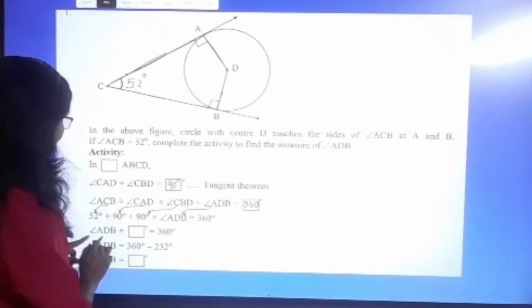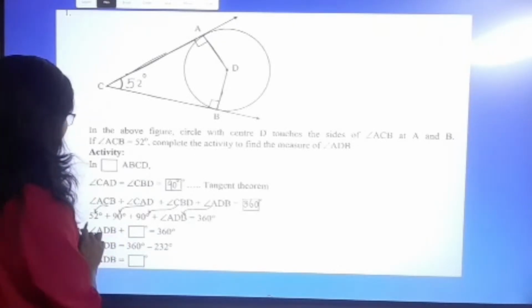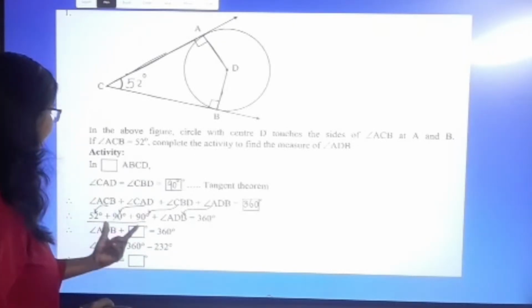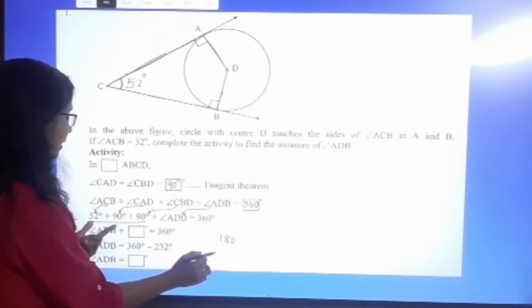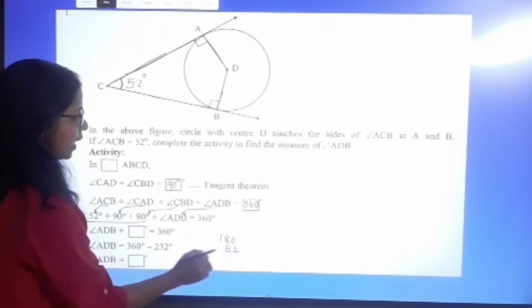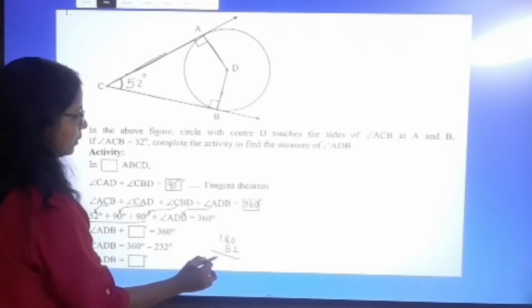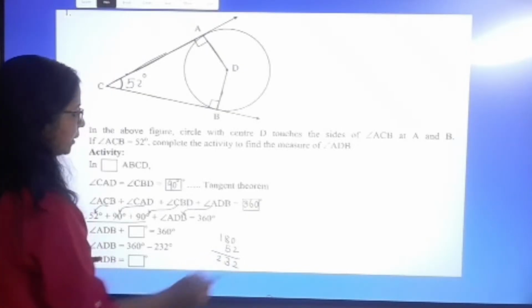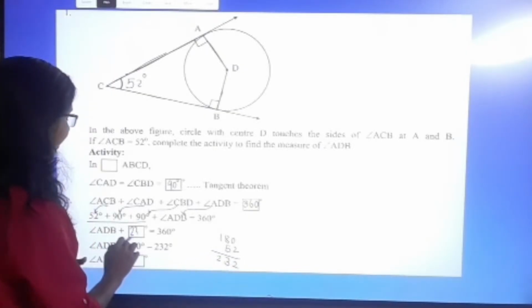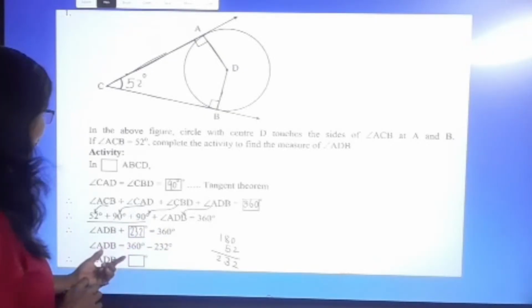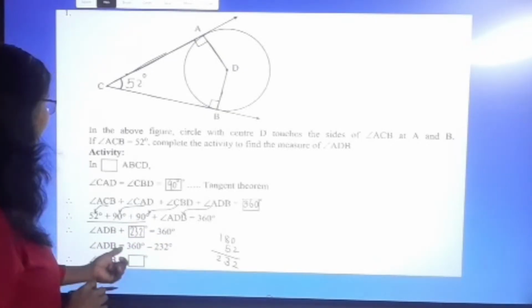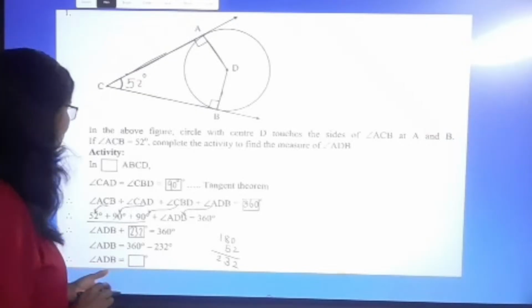So angle ADB plus, the addition of 90 plus 90 is 180 degrees, and 180 plus 52 degrees is 232. So 232 degrees plus angle ADB is equal to 360 degrees. So angle ADB is equal to 360 minus 232.